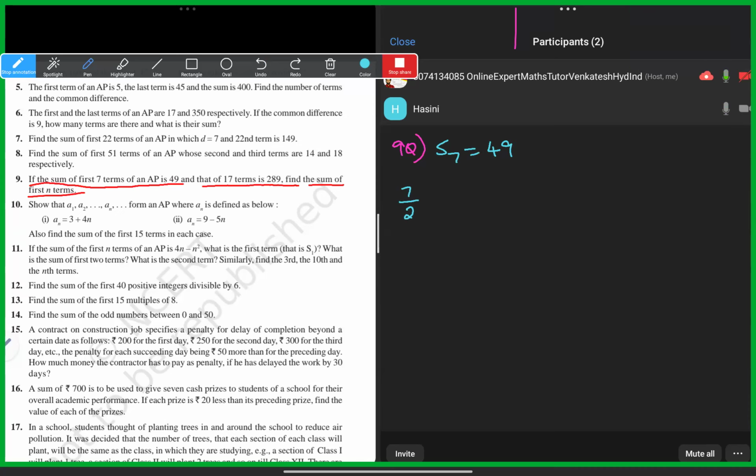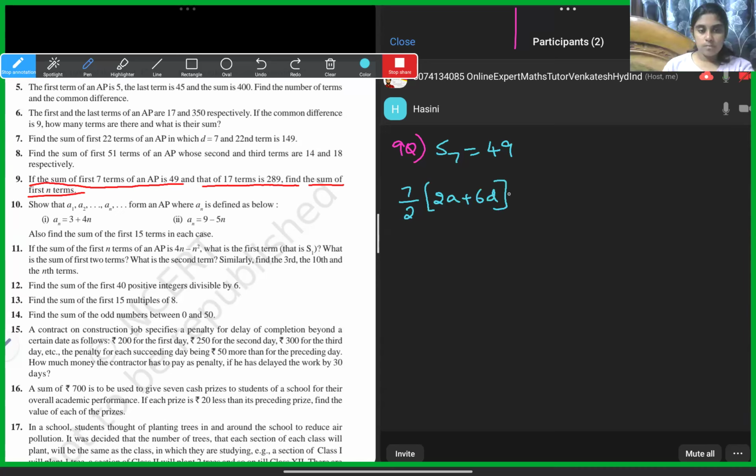Using that, I am writing 7 by 2 into 2a plus 7 minus 1, means 6d, is equal to 49. Any doubt, Hasni? I just substituted the n value in n by 2 into 2a plus n minus 1 into d.